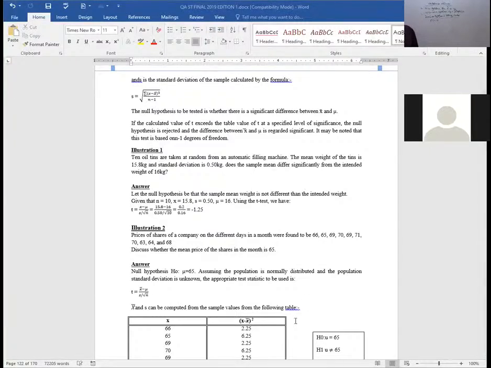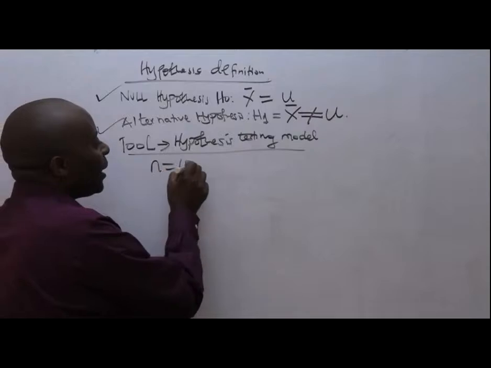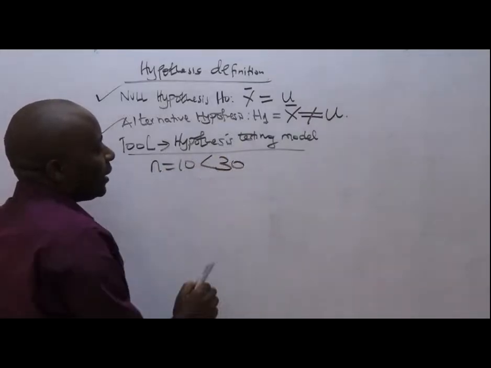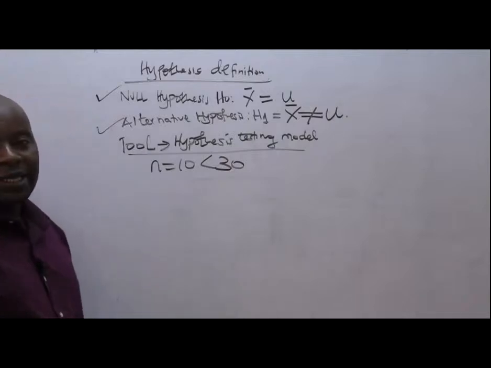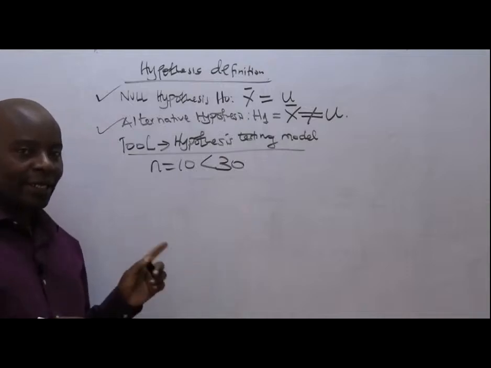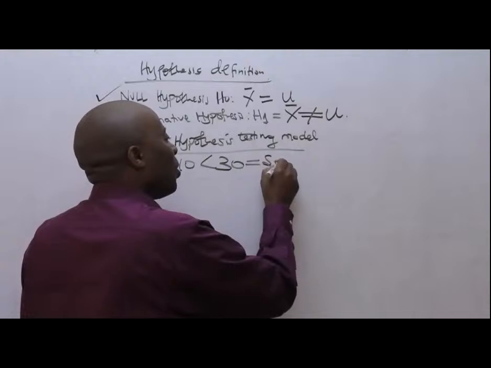So N is 10. And when N is 10, ladies and gentlemen, 10 is a small sample, because it is less than 30. N is less than 30, and if it is less than 30, then this is what we shall call a small sample.